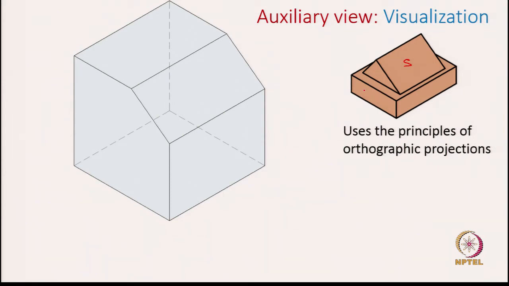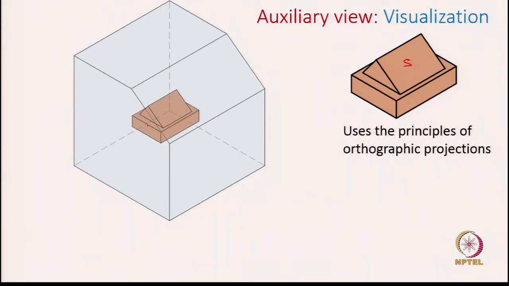So, an inclined surface can be captured in true shape and size through an auxiliary view. That is what we are trying to show in this example. Okay. So, the first thing we are saying is we introduce this inclined surface into this glass box and then place the object within this glass box.